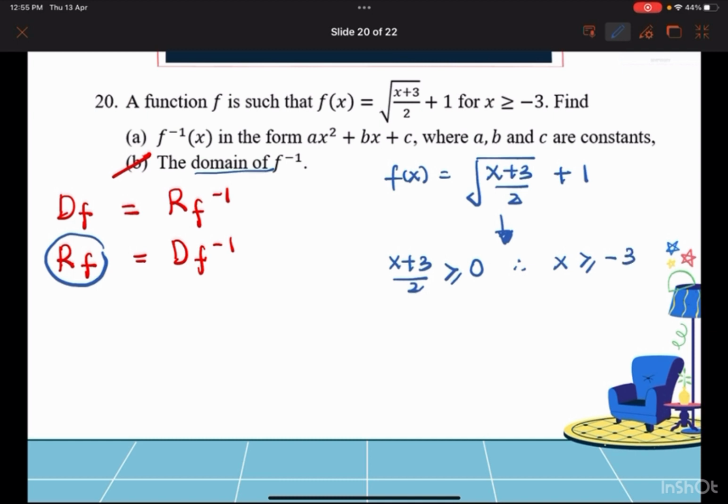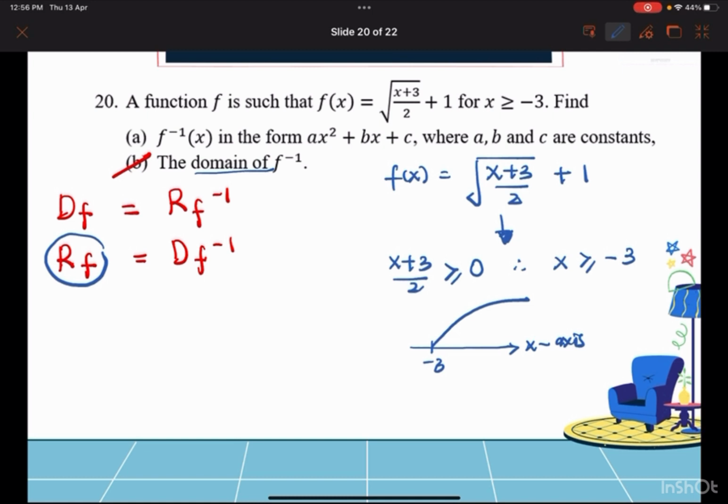Now, you know the basic square root function will start at negative 3 and above.